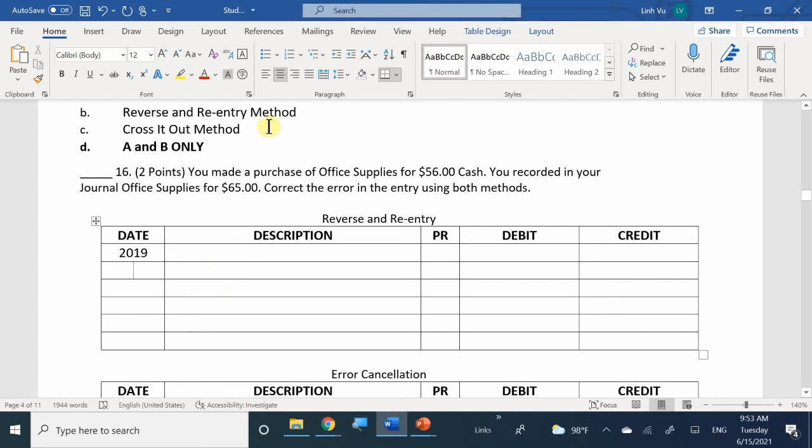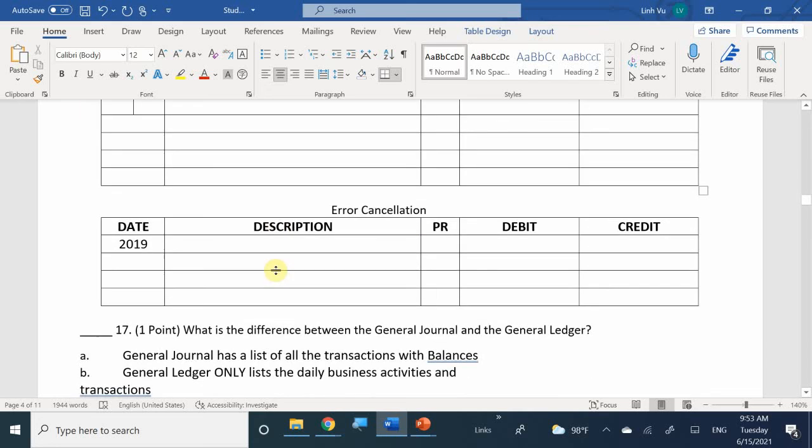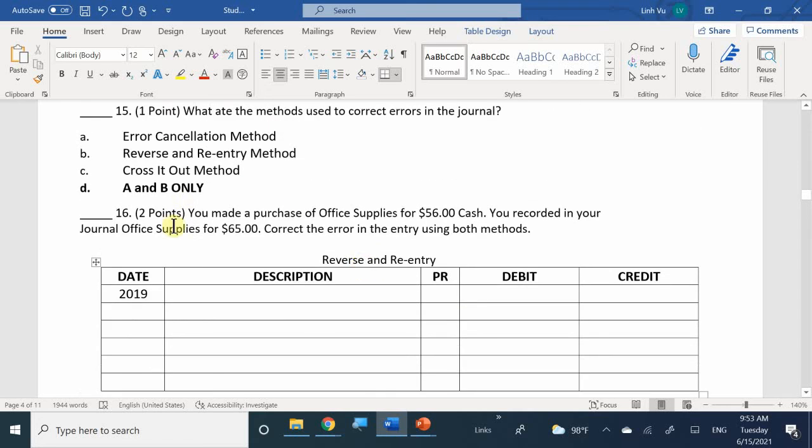Okay, that is the error cancellation method. So that's not the reverse and re-entry. Error cancellation is where you find the difference between the two numbers.